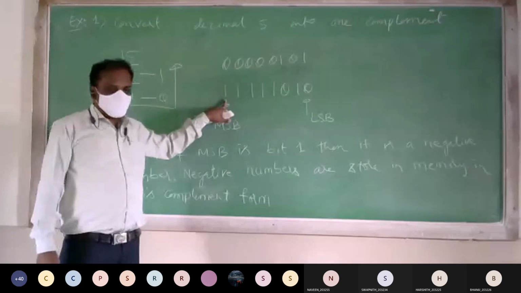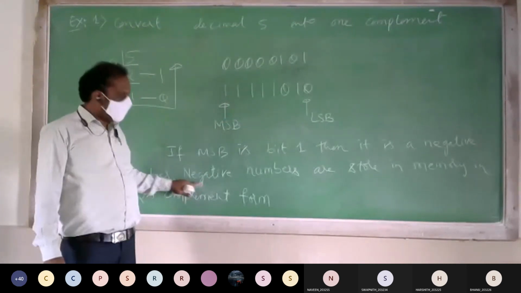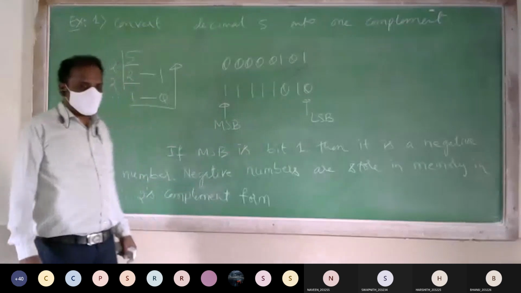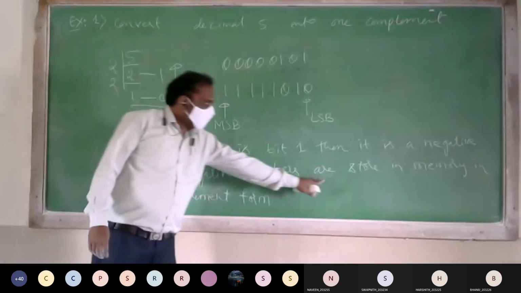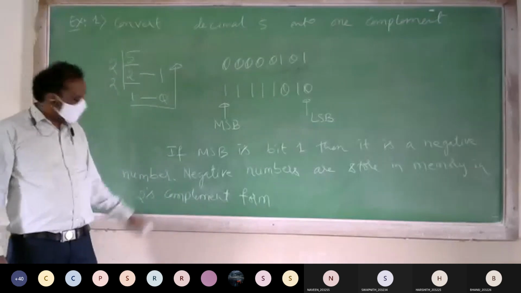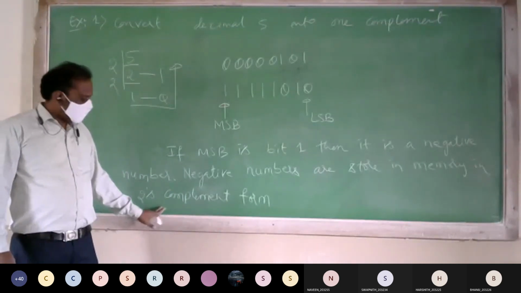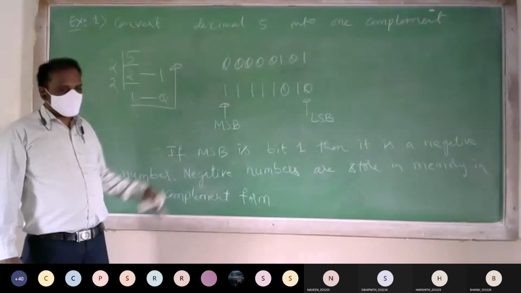Since here the MSB is 1, we come to know that it is a negative number. But negative numbers are not directly stored. Negative numbers are stored in memory in 2's complement form. But what is 2's complement? We were discussing 1's complement.